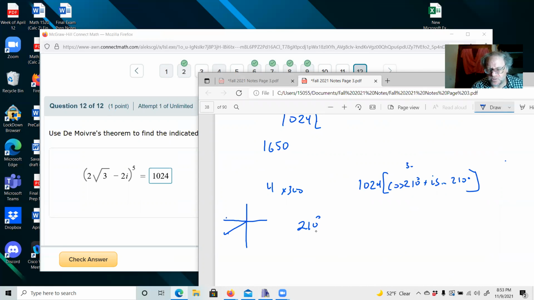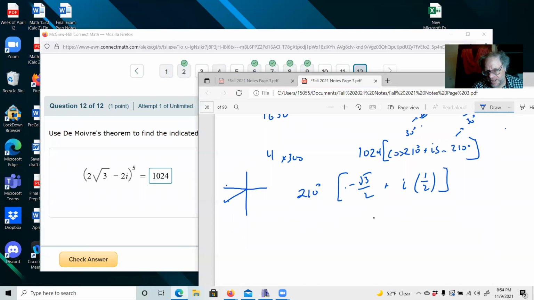Effectively, it's cosine of 30 degrees, but in quadrant 3. What's the cosine of 30 degrees? It is root 3 over 2, putting a negative because of the quadrant we're in. Plus I, what is the sine of 30 degrees? That is 1/2.